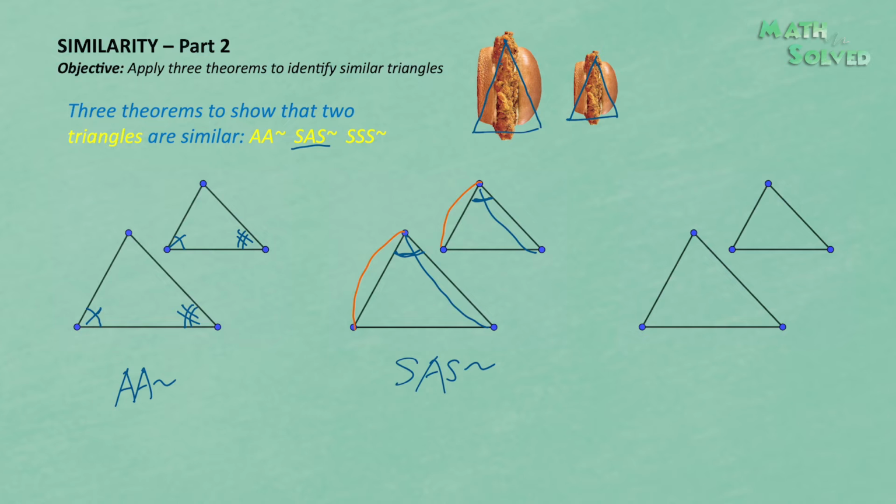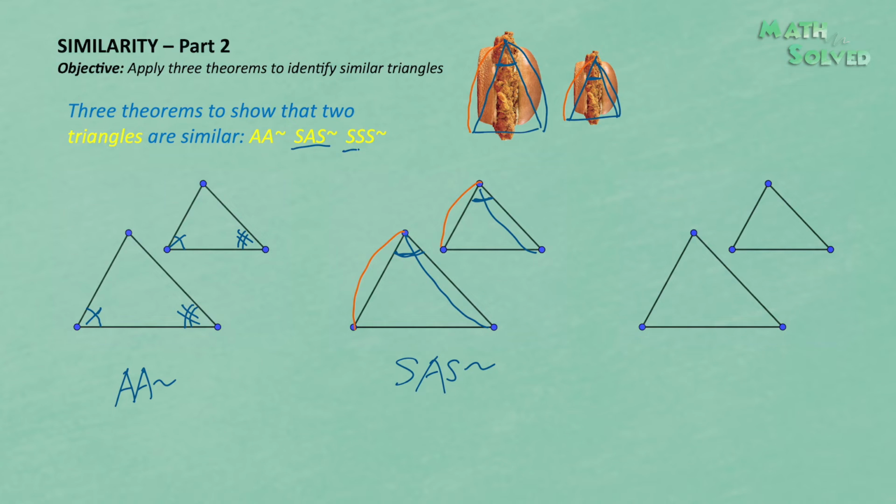Which means that if you can make sure these two sides are proportional to these two sides, which means they have the same ratio, and the included angles are congruent, then these two triangles are similar. So sometimes I call SAS similarity the sandwich theorem. But in the exam, please do not write the sandwich theorem, just write SAS similarity.